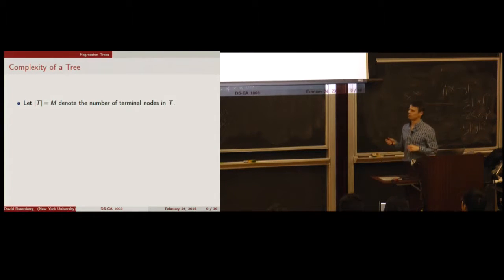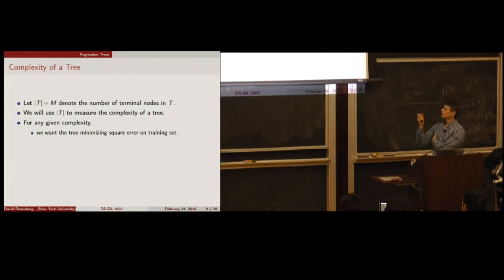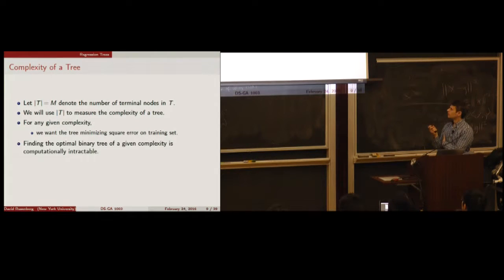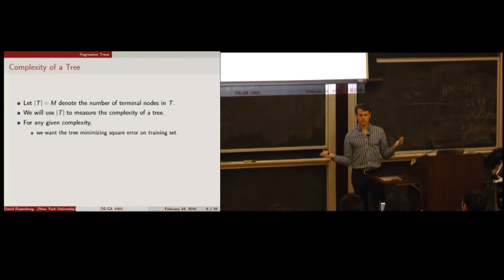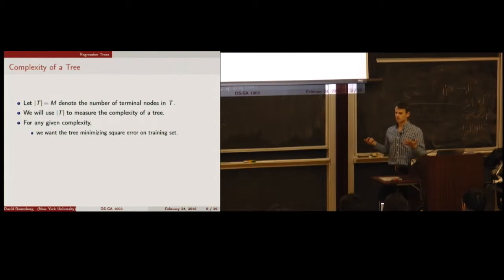It's the number of terminal nodes. All right. So one way is to say for a minimum complexity, I want to have a tree with at most 20 terminal nodes. Then, given that constraint, I want to find the tree that has the minimum error on the training data in terms of minimizing loss. So that's a great approach, I think.